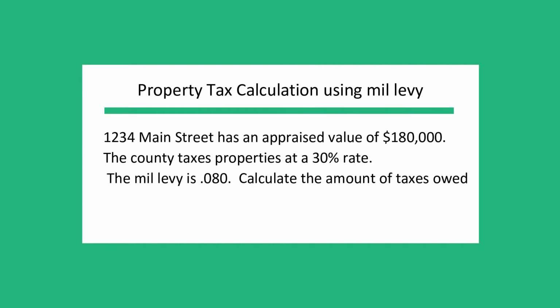It says 1234 Main Street has an appraised value of $180,000. The county taxes the property owners at a rate of 30% of the appraised value. The mill levy is decimal 080. What are the taxes owed?